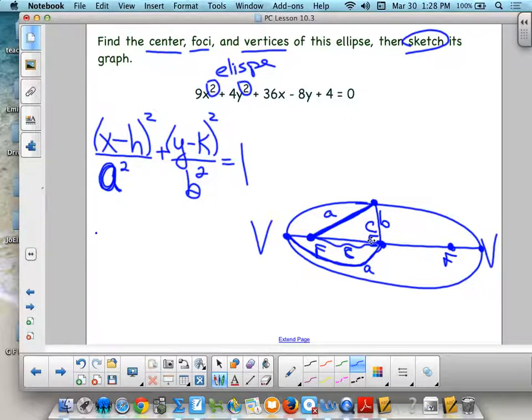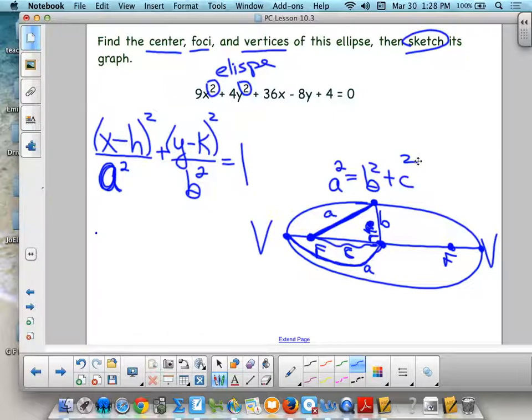You see that C right there? That was supposed to be the center. With that triangle, every ellipse's A, B, and C can be found by a squared equals b squared plus c squared. Does that make sense? Does that ring a bell? That was Friday.